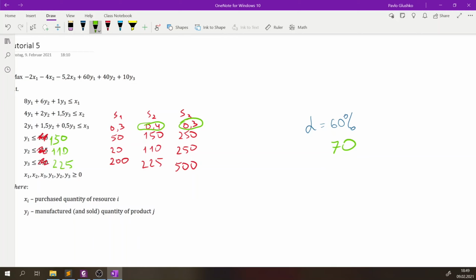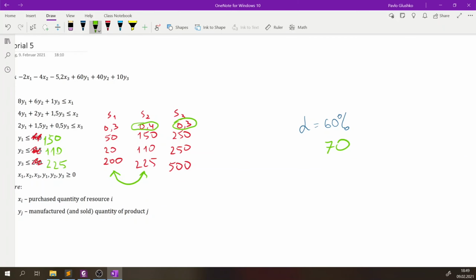Then, some people maybe don't really understand this concept, they say, why don't we choose scenarios S1 and S2? The thing is that you cannot choose S1 without also including S2 and S3, because if you think about these constraints and these values, if we choose S1, we automatically satisfy S2 and S3.